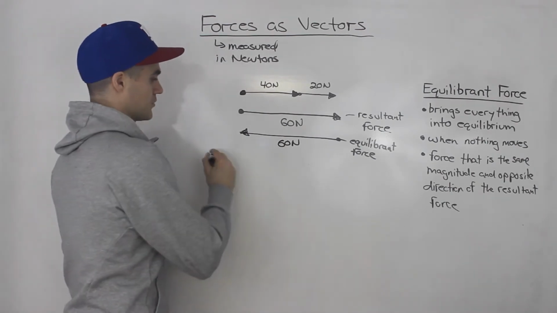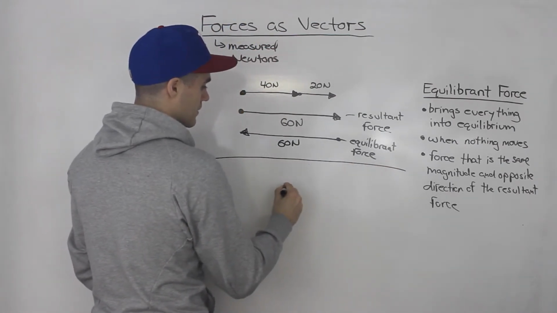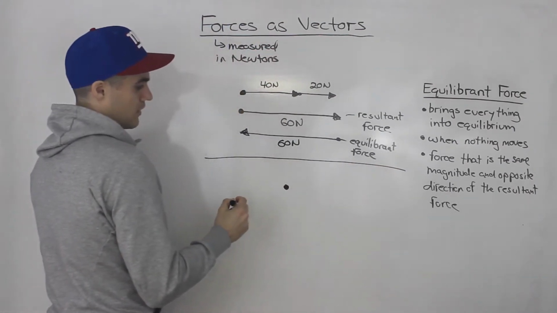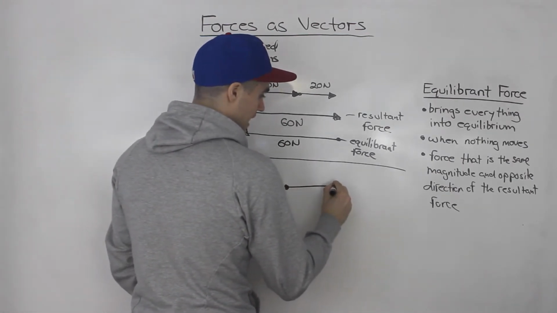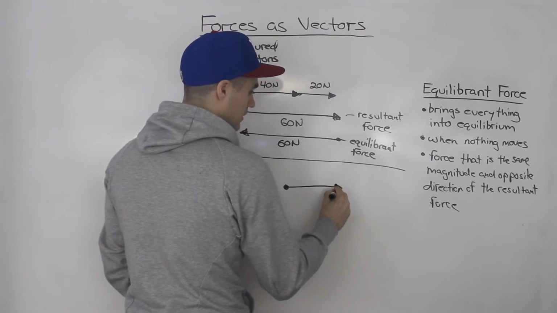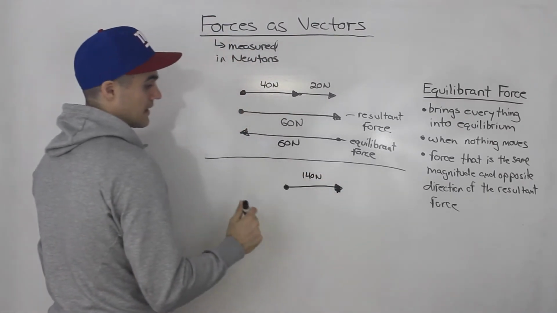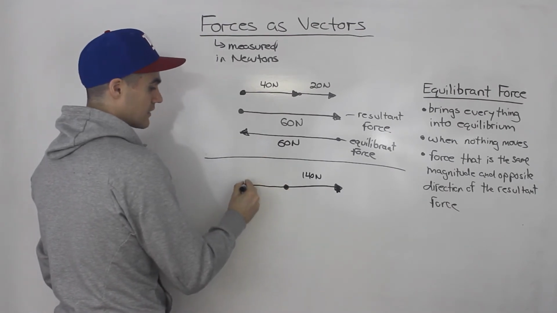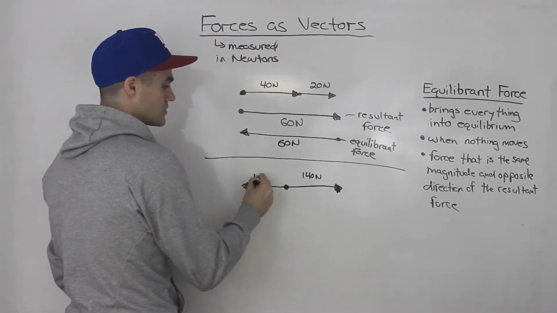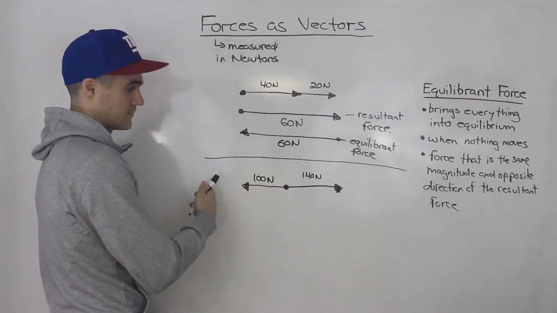Let's try another example. So let's say that we have an object here, but now there are two forces acting on it. Let's say one force is acting on it at 140 newtons in this direction. And then let's say another force is acting on it 100 newtons in the opposite direction.